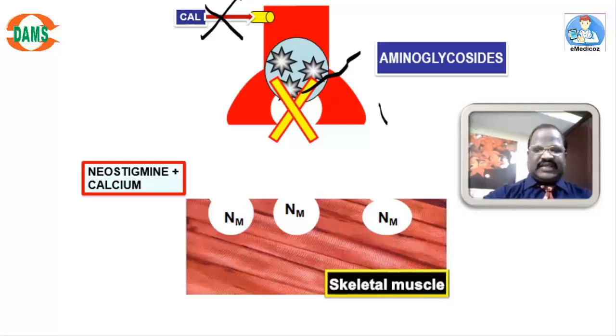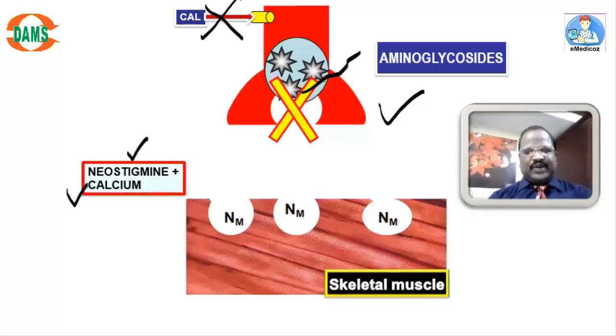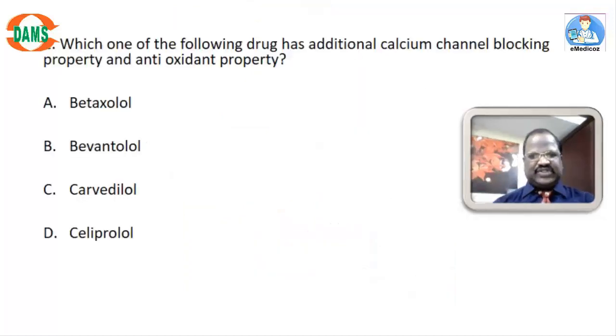For treating this case, we should give calcium supplementation along with neostigmine. Neostigmine, an anticholinesterase, accumulates acetylcholine and is useful for reversal of the action of non-depolarizing SMR. That finishes the first question.